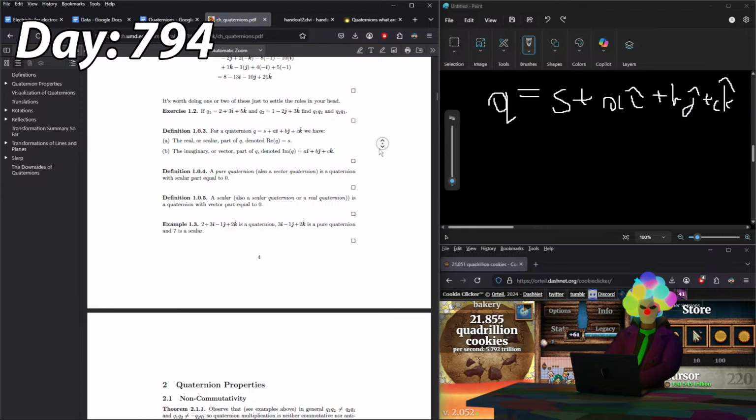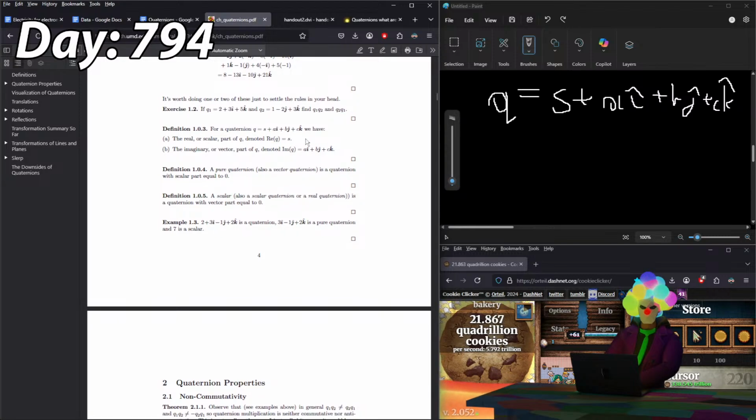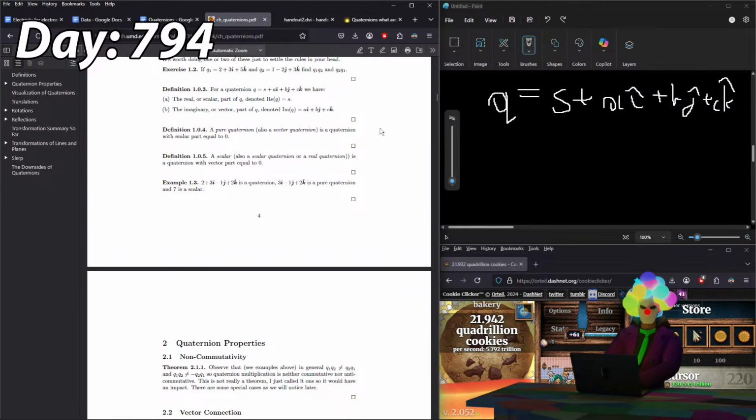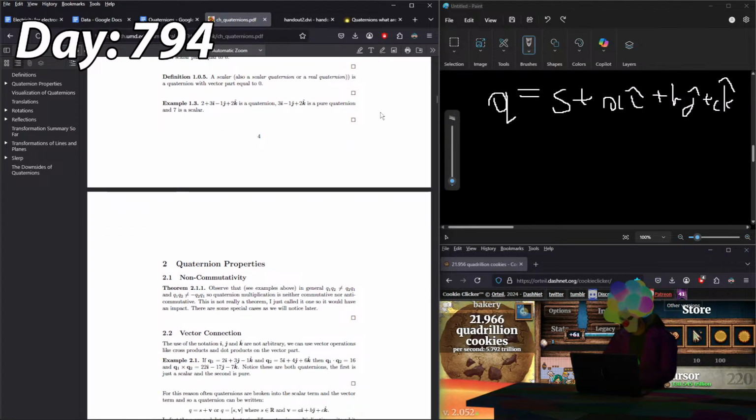The real or scalar part of Q, denoted like this, is equal to S. Okay, the imaginary or vector part is all the other ones. Makes sense. If the quaternion's scalar part is equal to 0, that's a pure quaternion, okay. Scalar is when the vector part is equal to 0.